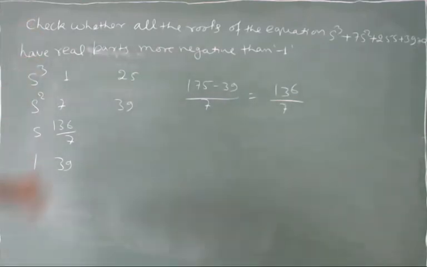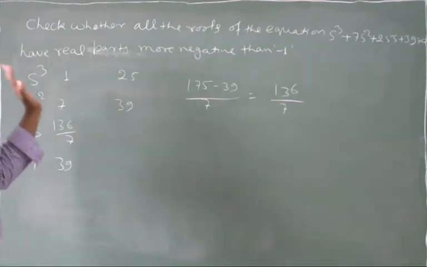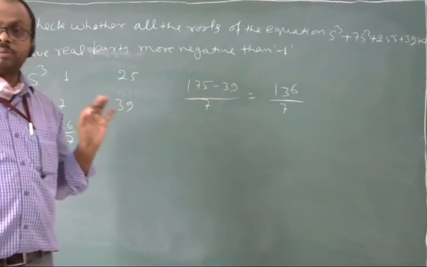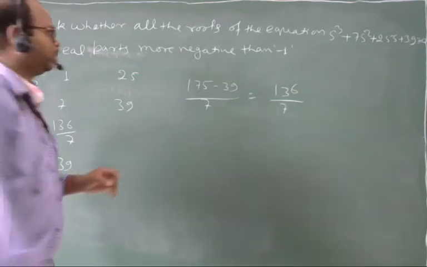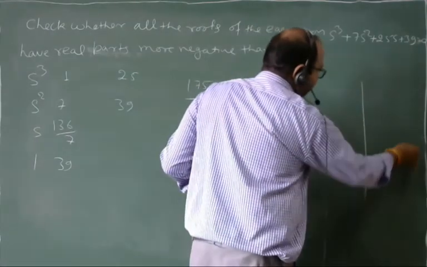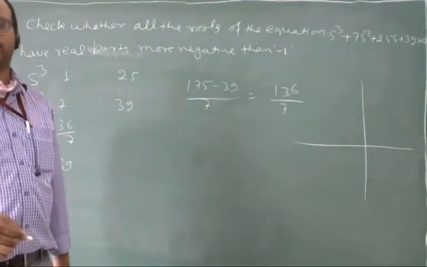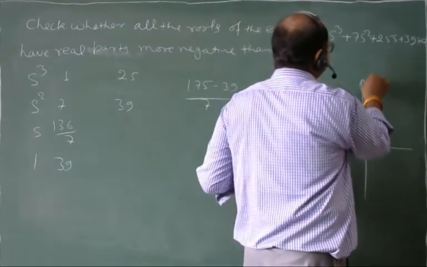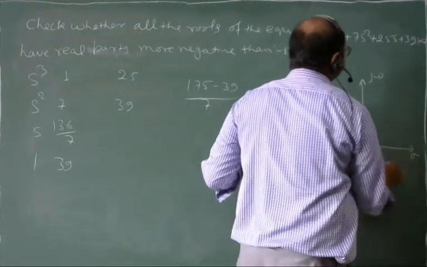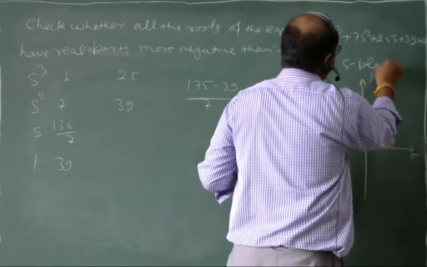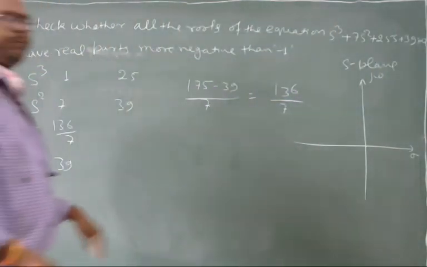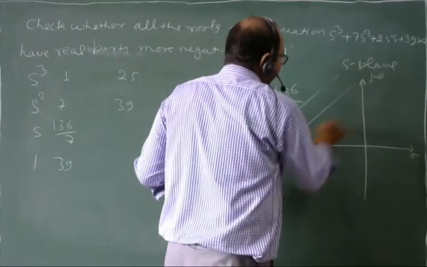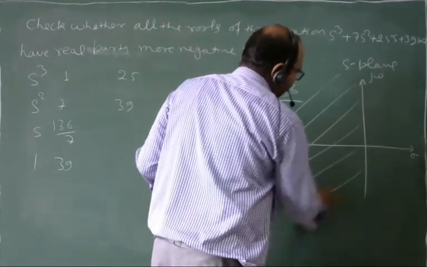Means there is no sign change in the first column of the Routh table, and the system is completely stable. And if the system is completely stable, it means there is no root in the right half of the S plane. If I draw an S plane graph, here j omega, here sigma, S plane, then from this Routh table, we find that all the roots lie in the left half of the S plane.